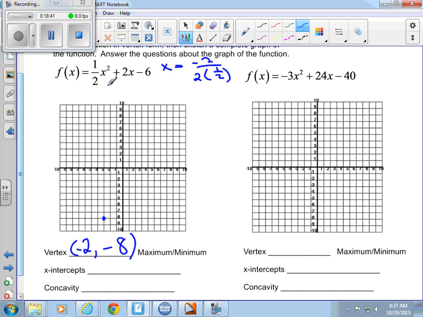Which way is this parabola going to open? Up. So is this a maximum or a minimum? So I can answer that question.